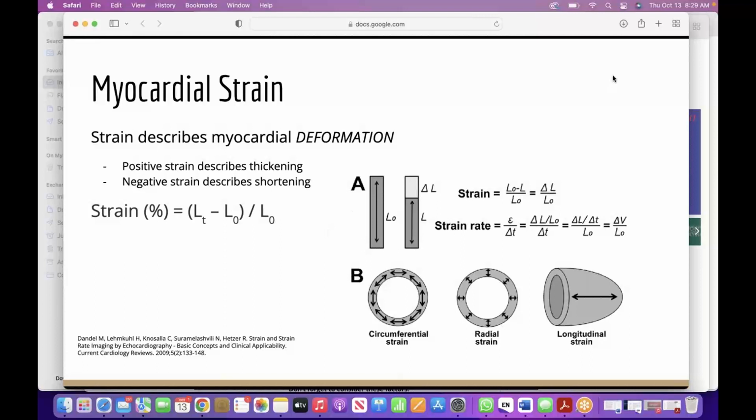The one most commonly applied is longitudinal strain, which I'll show an image of, but essentially strain is describing the change in position from a beginning to an end point, and it's typically described as a percentage. Positive strain describes thickening, negative strain describes shortening, and depending on the plane that we're describing, you can expect there to be either shortening or thickening.